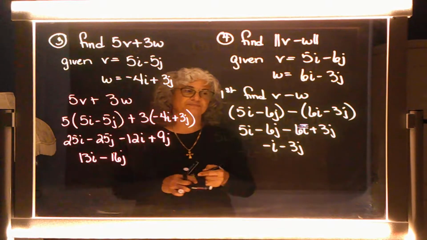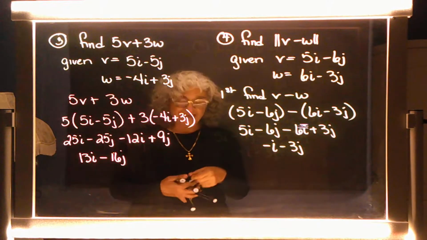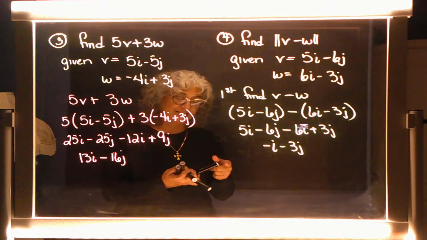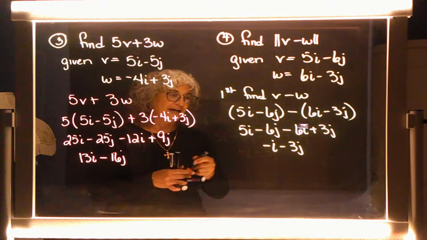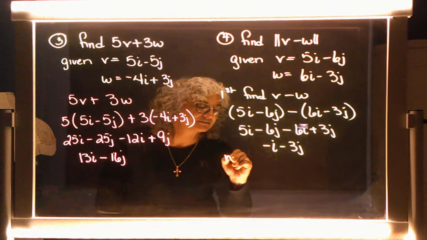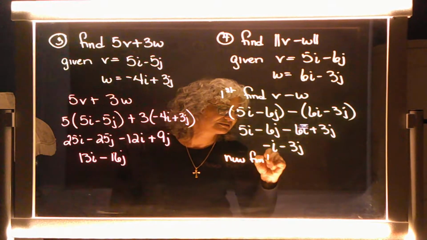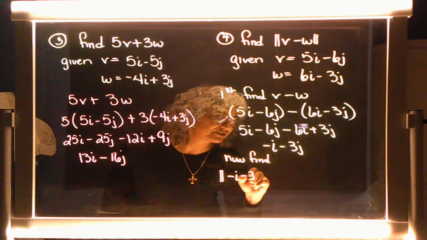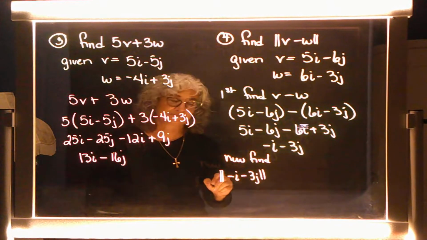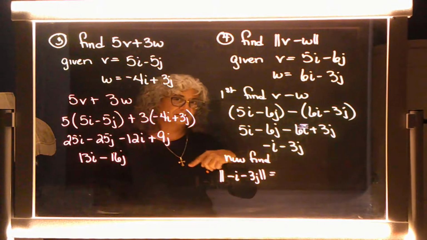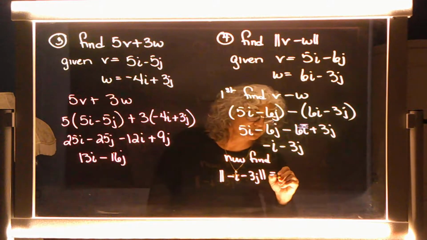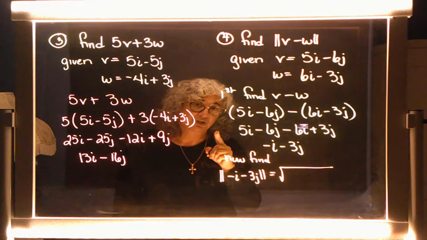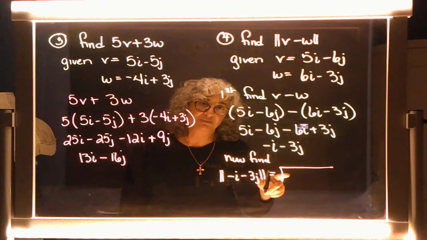Agreed? Awesome. So now, here's the deal. We're actually finding the magnitude of negative i minus 3j. Just like that other problem we did prior to this, you're going to take the square root of, what's your first number?